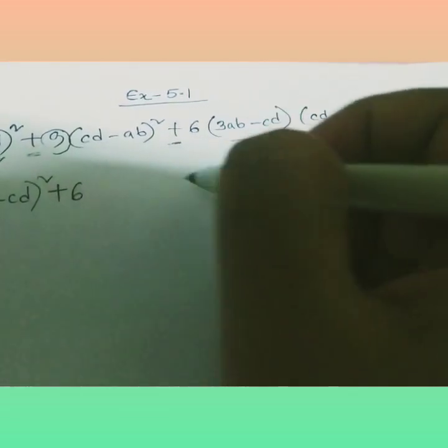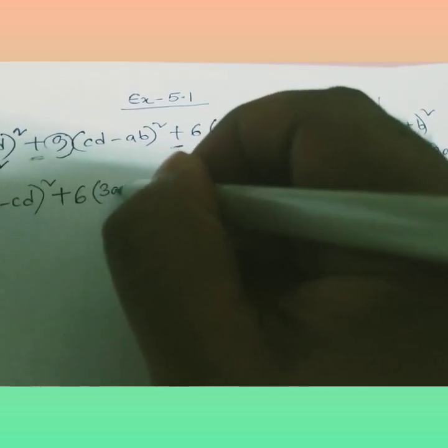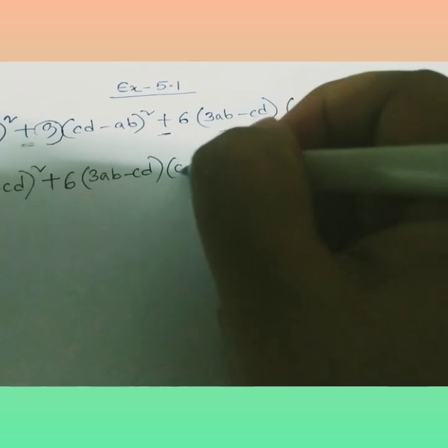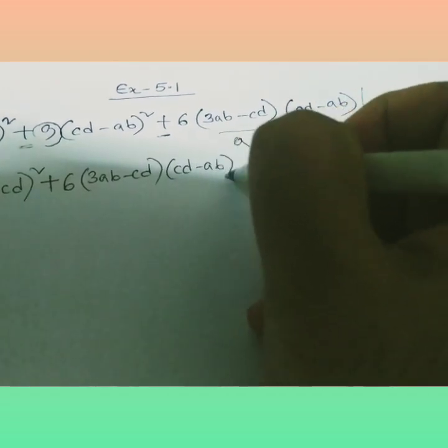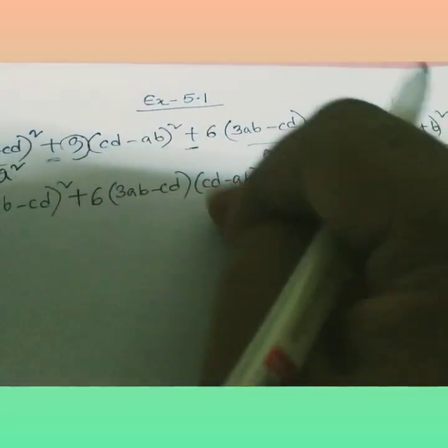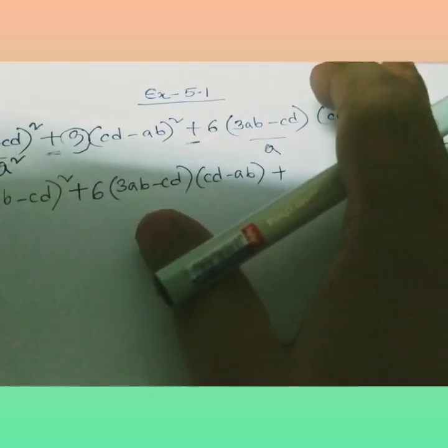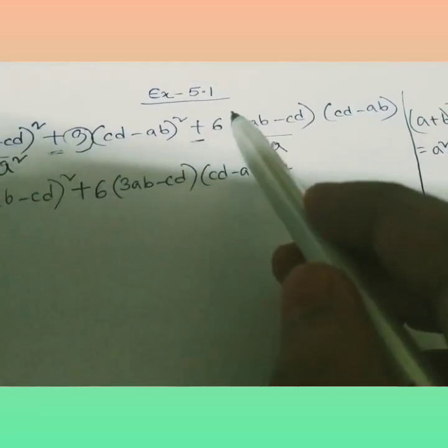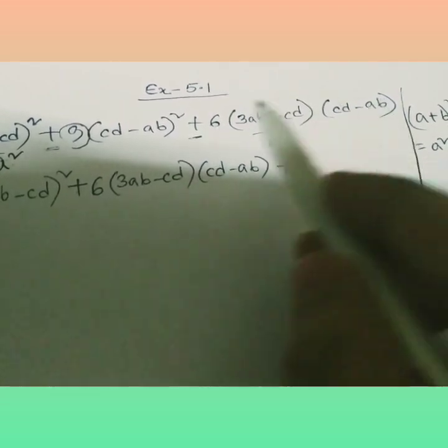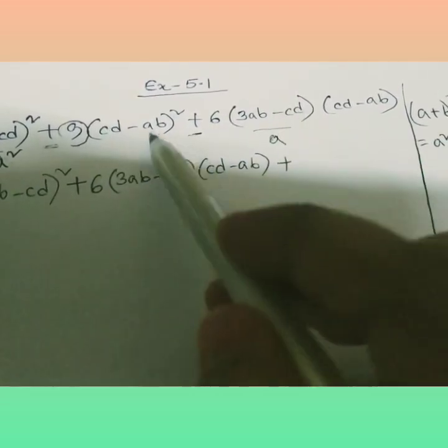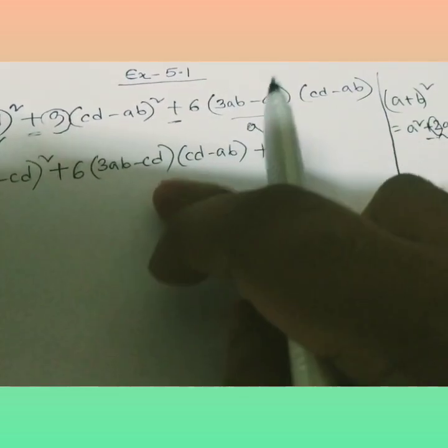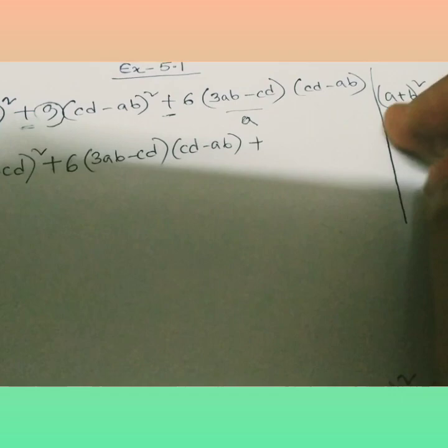So we can write 6 into (3ab minus cd) into (cd minus ab), plus, in this second line, I'm just interchanging the position. I'm not doing anything else. I'm bringing this particular term in between, and this particular term this side. I'm just arranging according to this particular formula.